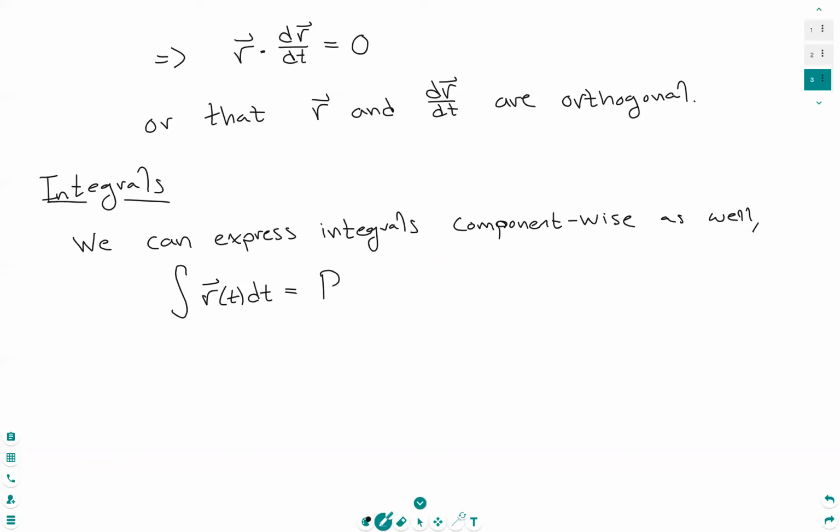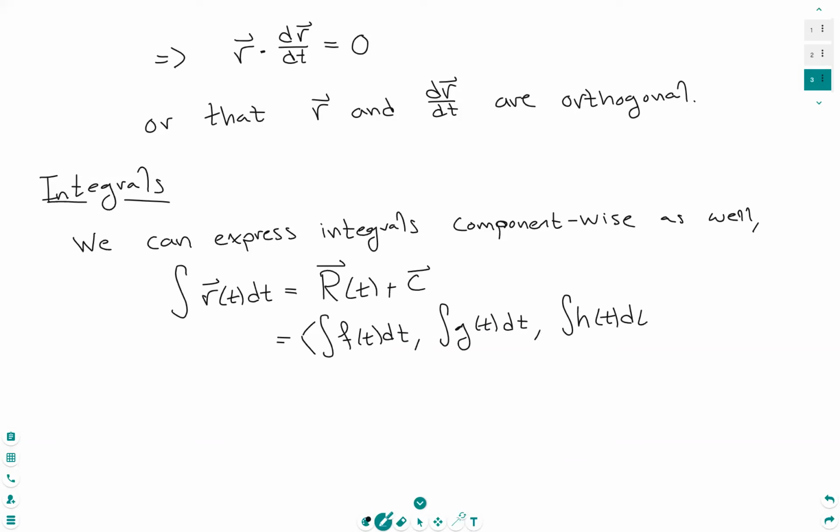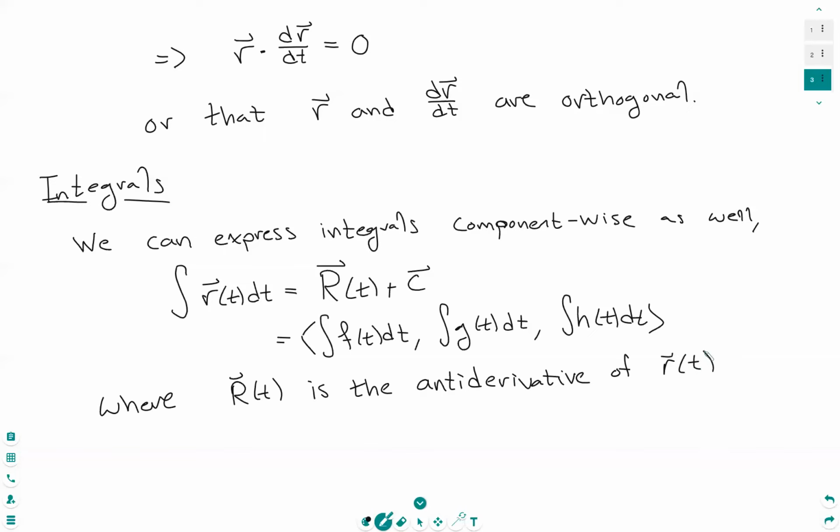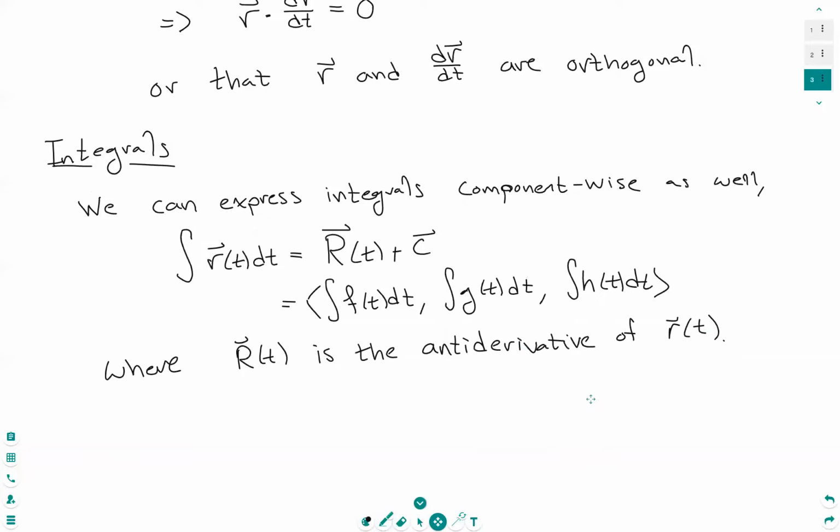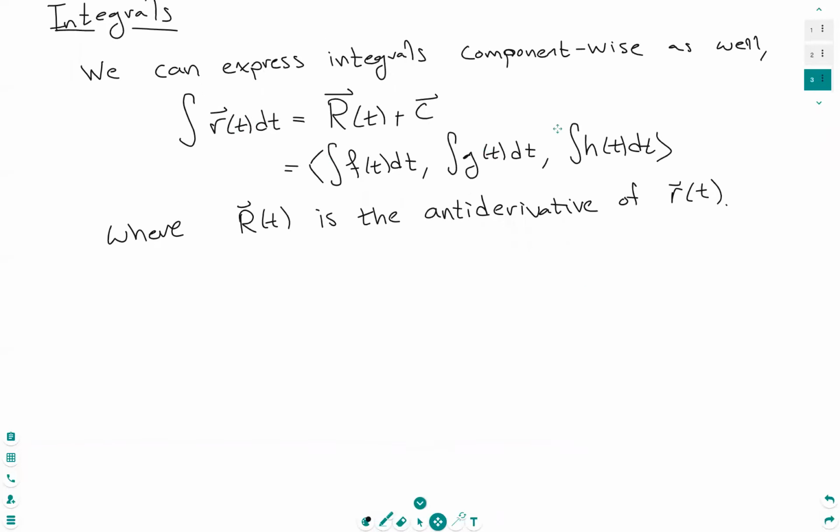I can write this as some capital R of t plus c, where I have my components: the integral of f of t dt, the integral of g of t dt, and the integral of h of t dt, where this capital R vector function is the antiderivative of little r of t. So just like derivatives, our integrals here are a component-wise operation.